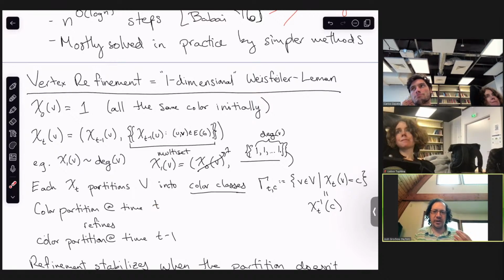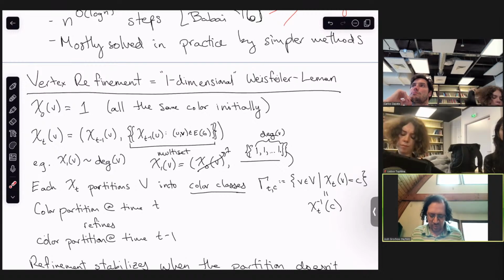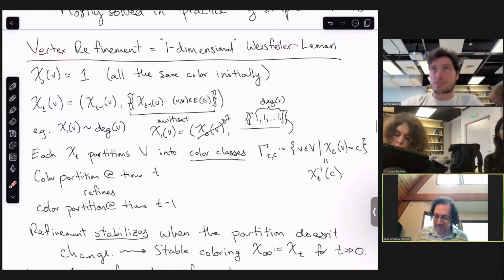The color classes either stay the same or break up into smaller color classes. Because everything is finite, eventually that breaking process has to stop. It either stops when everything is in a singleton color class, or when, because of the structure of the graph, the partition just doesn't change after you do refinement. You get back the same partition you started with. At that point, we say the refinement stabilizes.